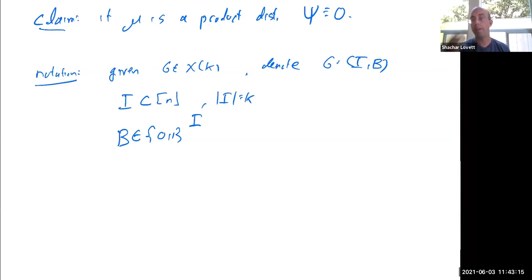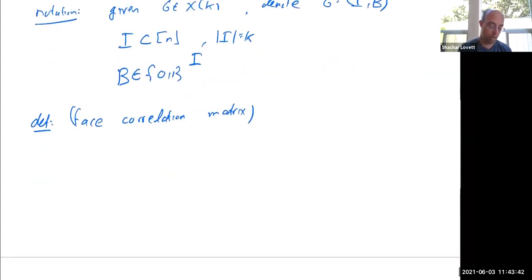So look at two of the remaining elements and study their correlation matrix. It's going to be very similar. Let's call this the face correlation matrix. Again, let mu be a distribution over {0,1}^n.